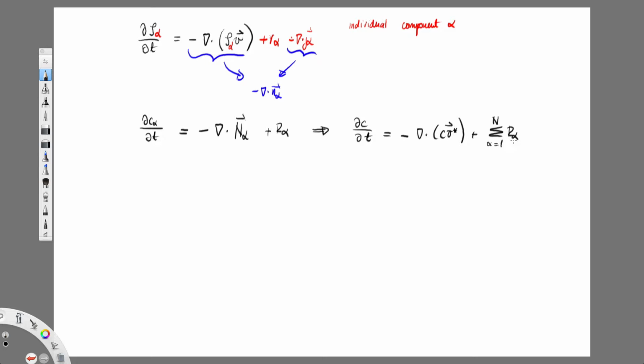Now, I'm just going to write down a couple of special cases that are typically used in solving problems. So this term here, the divergence part, often the density of the entire phase is something that I know, and it typically comes as a known constant into my system.